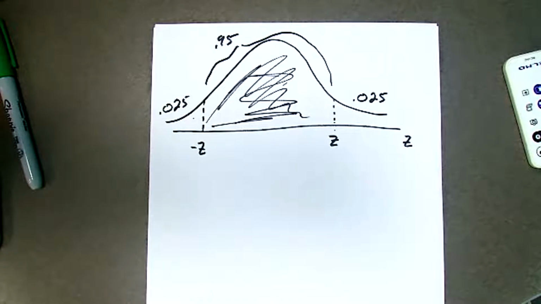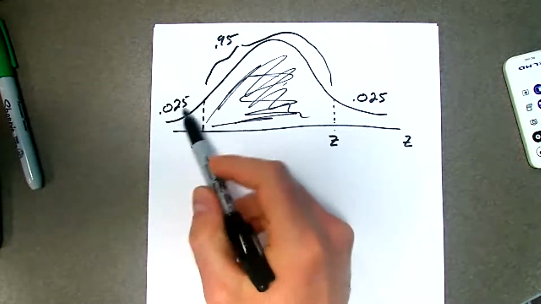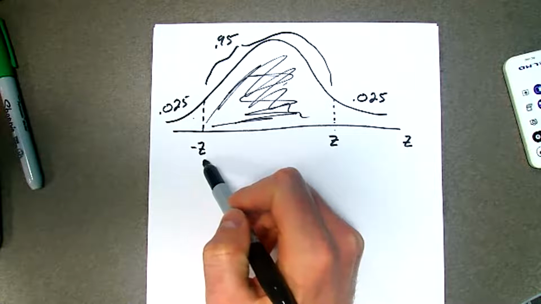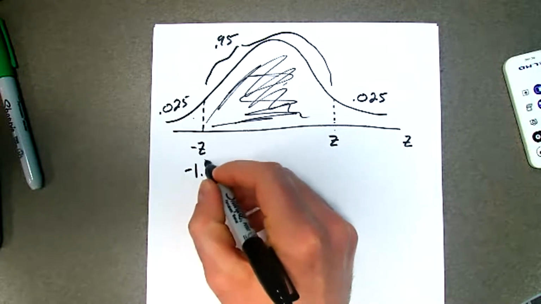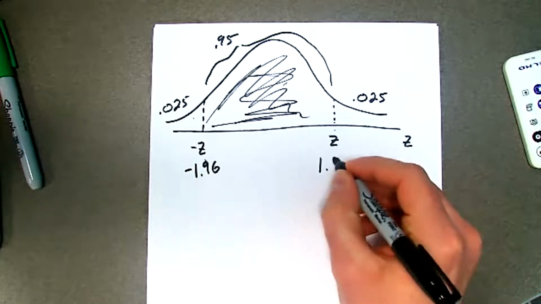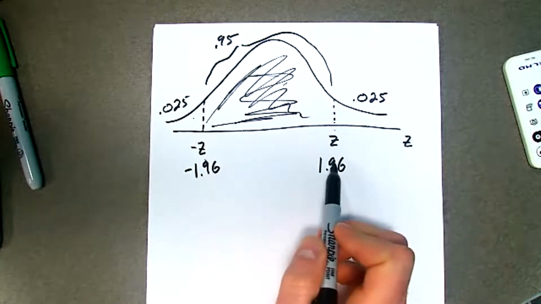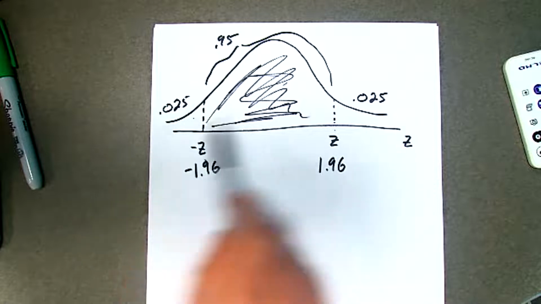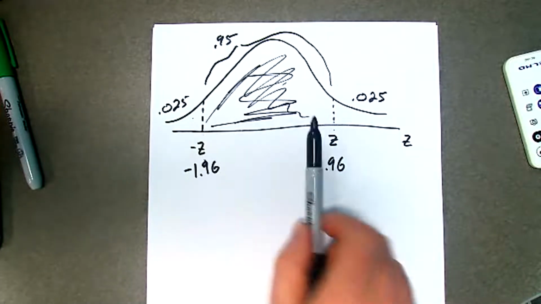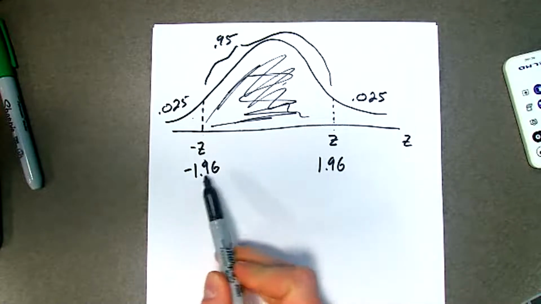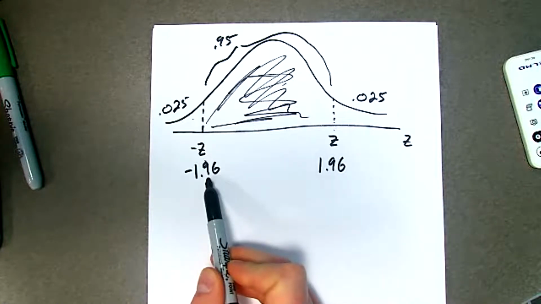Right? Now I'll show you, I'll look this up in the table here in a little bit, but if we know the area that we want in the tail, we can find the z-score that corresponds to that, okay? If I do that, I'll find that it's positive and negative 1.96 would give me 0.025 in each of those tails, or the probability of seeing something that's between 1.96 standard deviations above and below the mean, right?